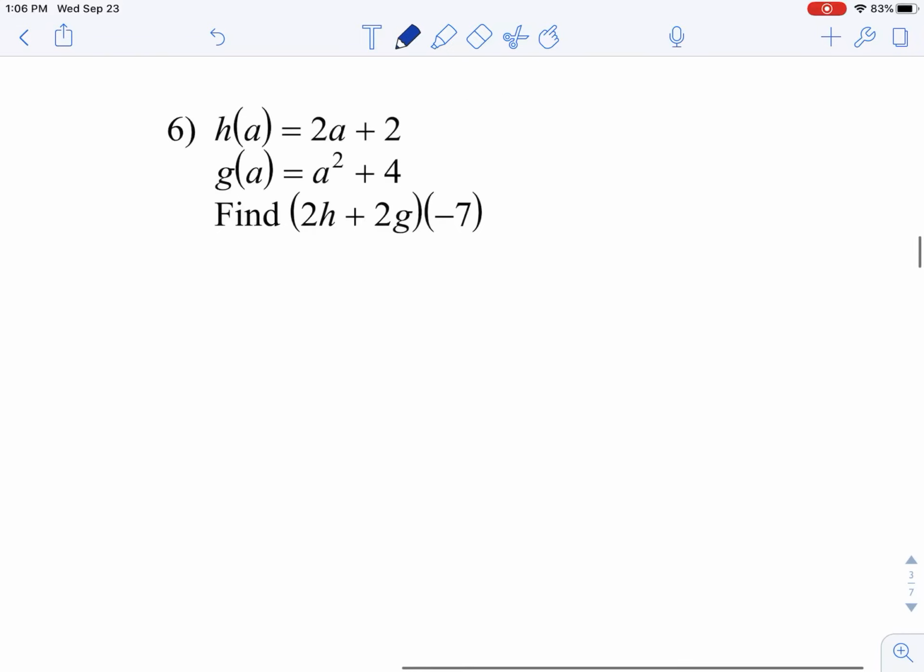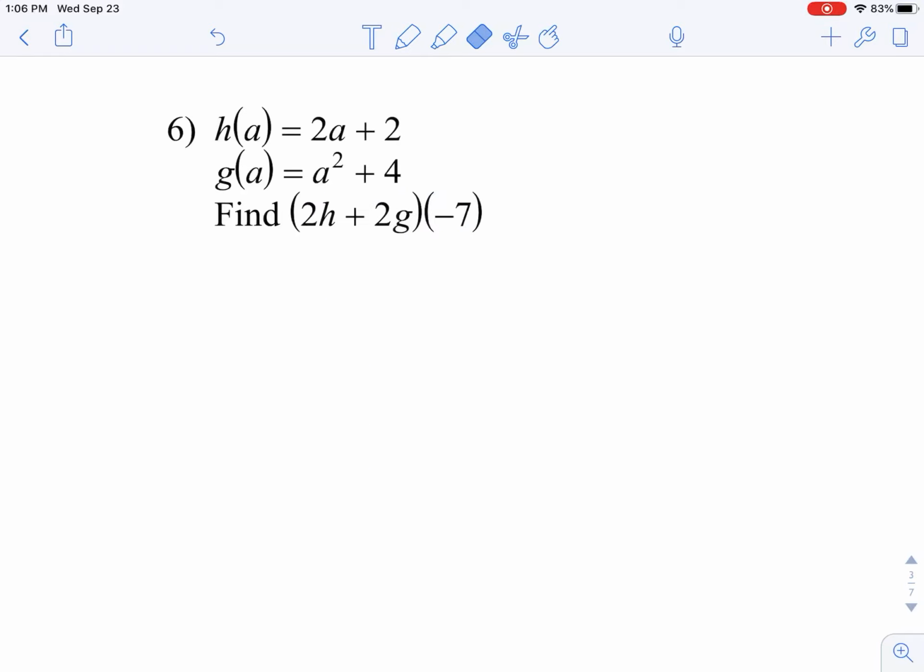Okay, number 6. 2 times h plus 2 times g of -7. So you can multiply this times 2, you can multiply this by 2, then you can add them together, work it all out, and then at the end plug in a -7 and continue to work that out.